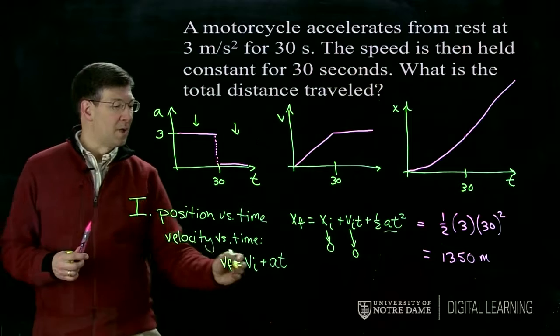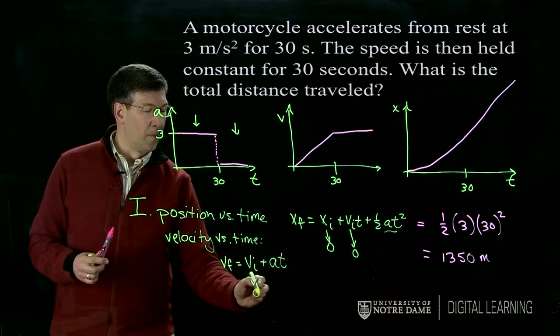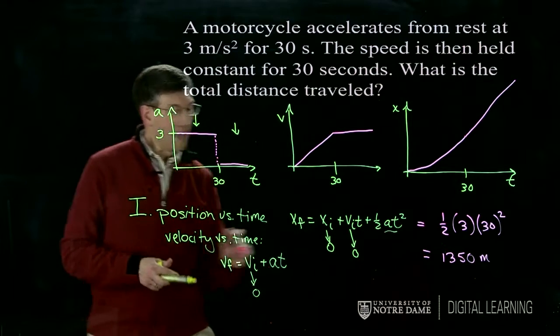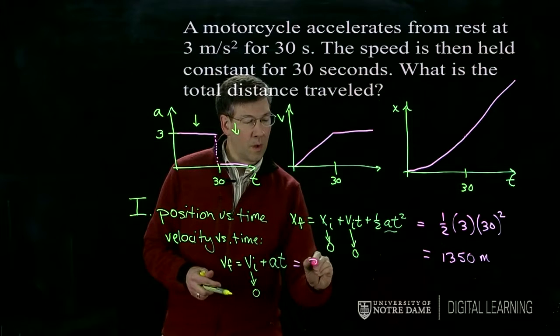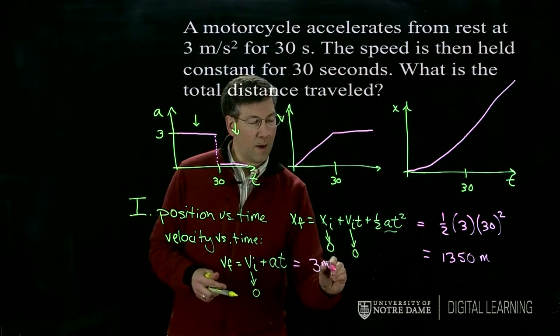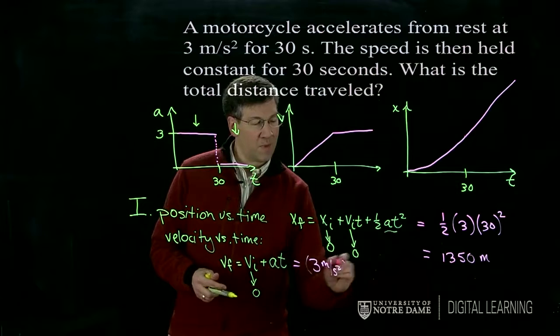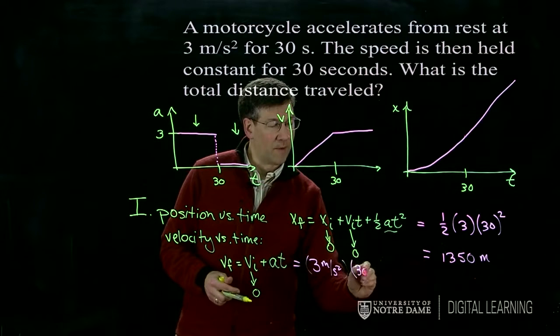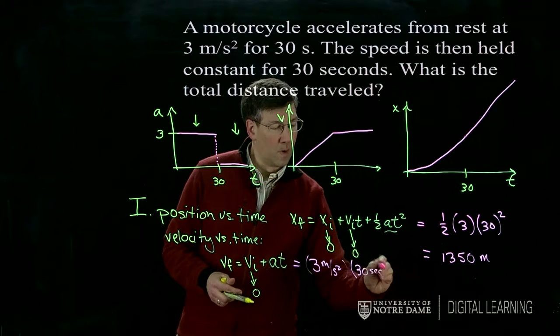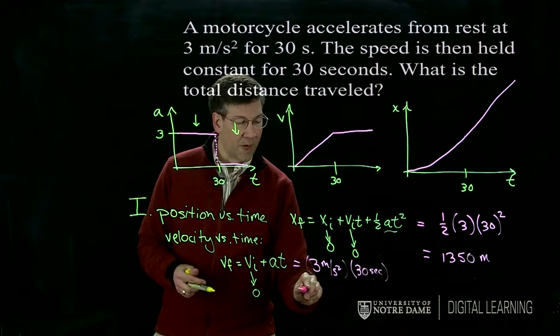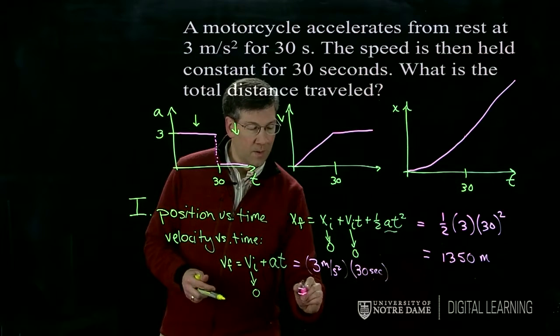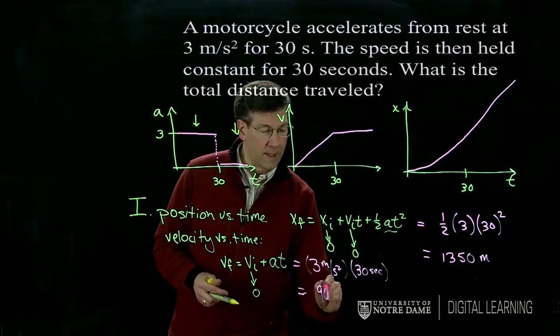And since my initial velocity is equal to 0, then my final velocity is going to just be equal to my 3 meters per second squared times the time that I'm traveling, 30 seconds. And so solving this out, my final velocity is going to be equal to 90 meters per second.